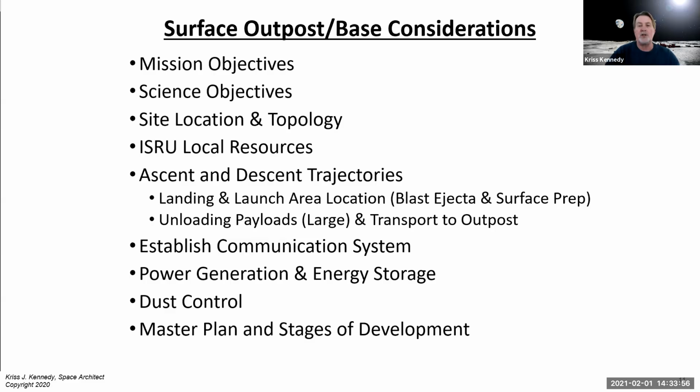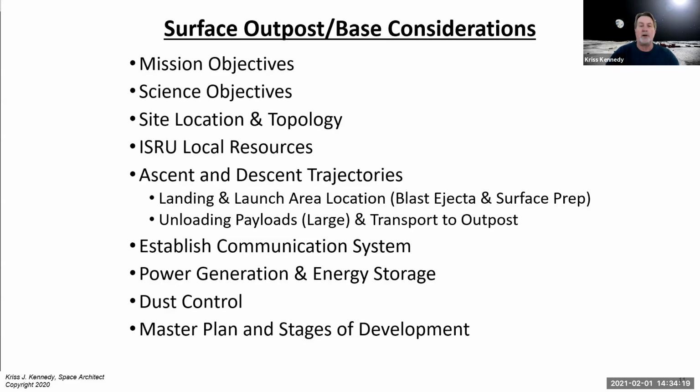The landing and launch area location, think about your blast ejecta and surface preparation, unloading large payloads and transporting them to the outpost. Typically, if you're in the equatorial region, your descent trajectory is right to left, or east to west.